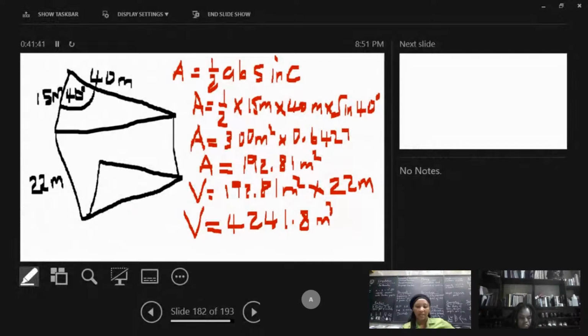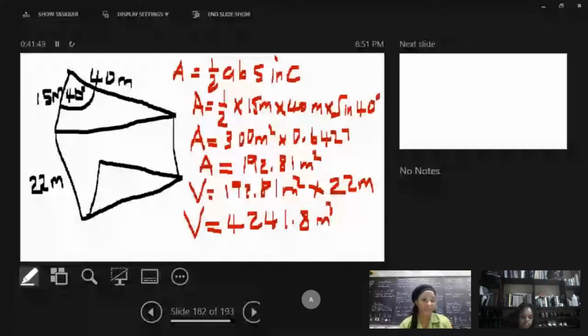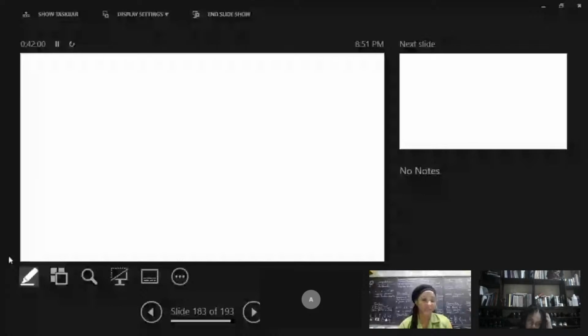All right, so we're going to look at the cylinder. I'm going to give each of you a cylinder to find the volume. So the cylinder has what kind of base? A circular base. So all you need to do then is find the area of the circle. Easy stuff.